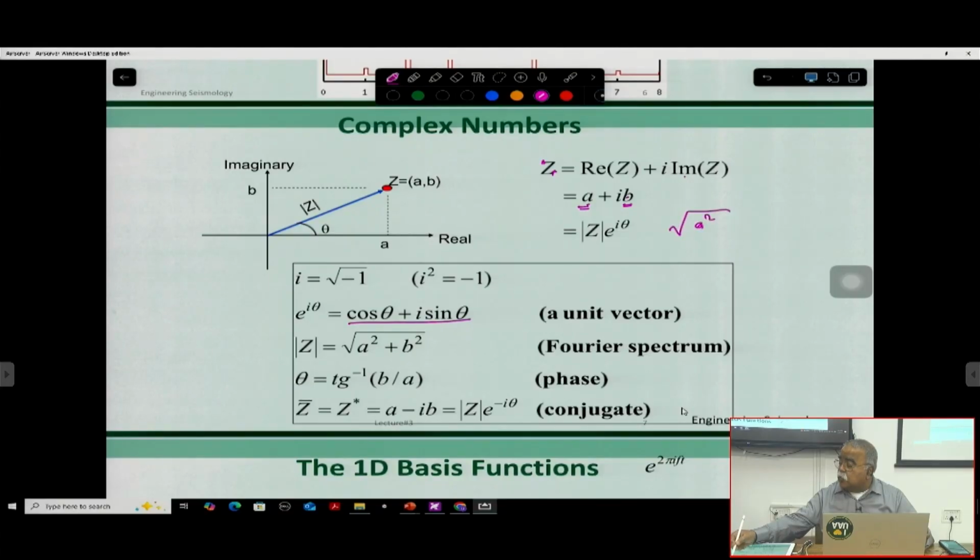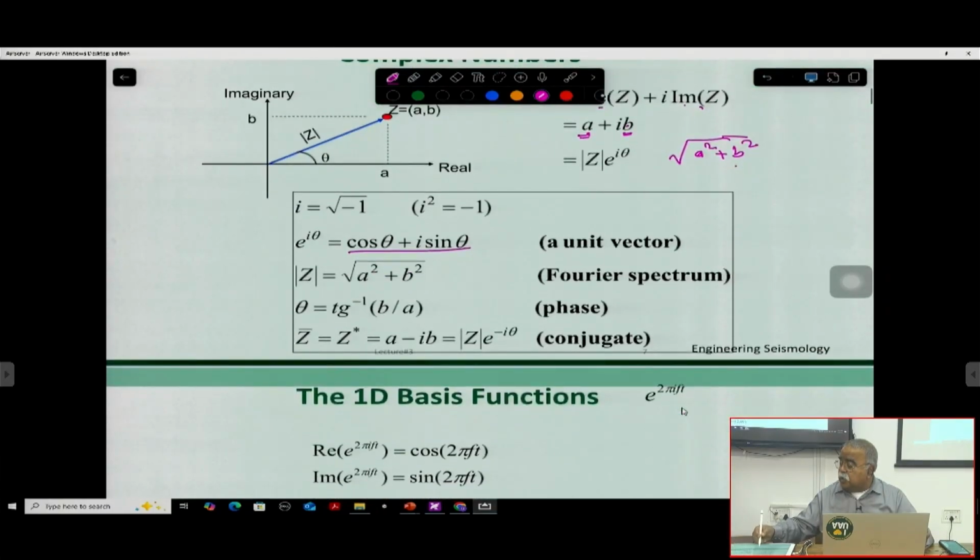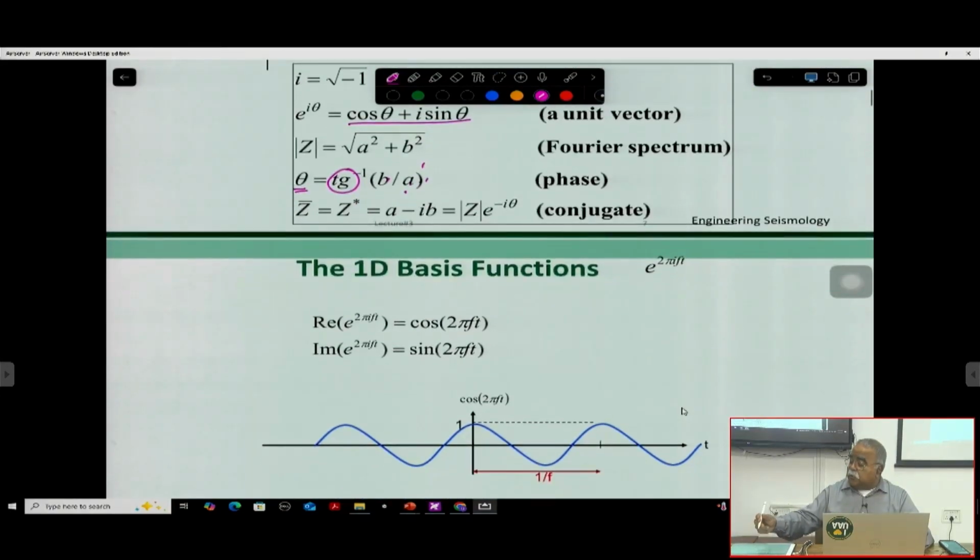So it is the square root of the real part amplitude squared plus the imaginary part amplitude squared. Then the phase is the arctan of B by A, that means the coefficient of the imaginary part divided by the real part, right? And the conjugate is this one. So e to the power.